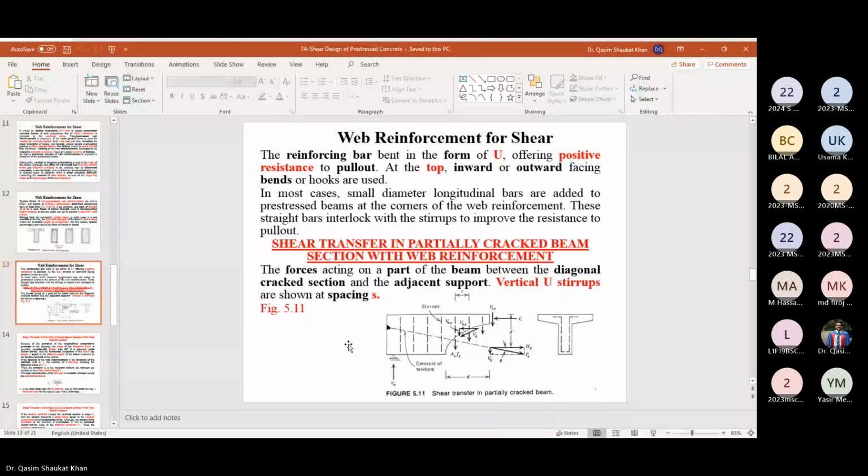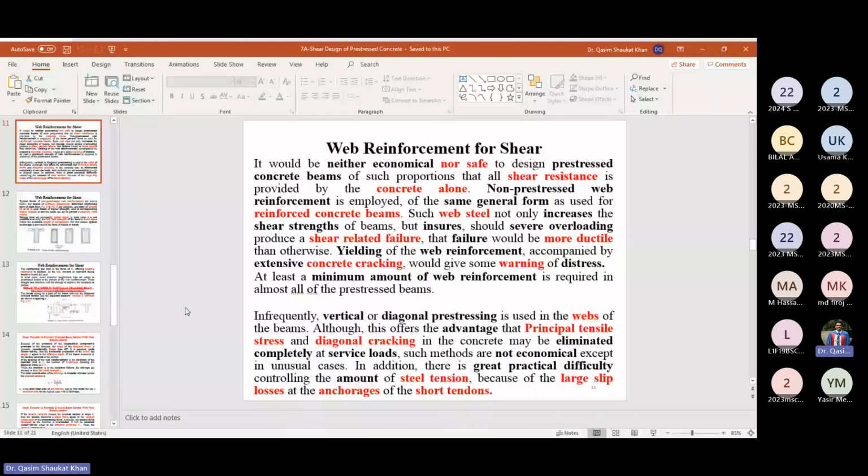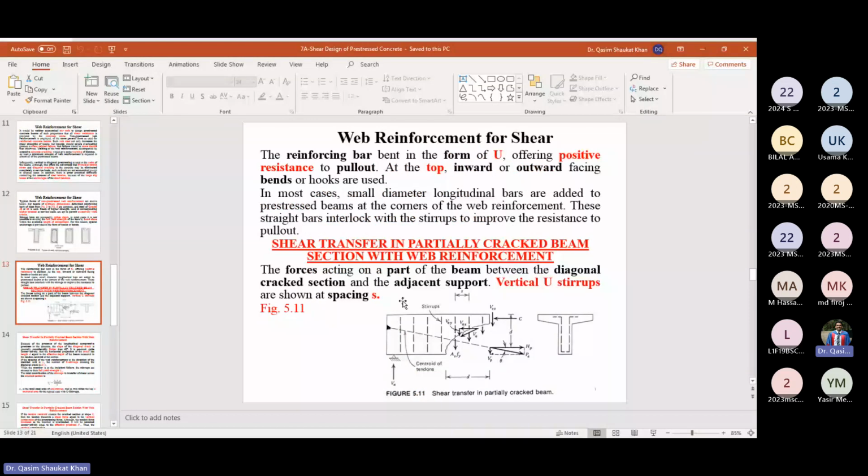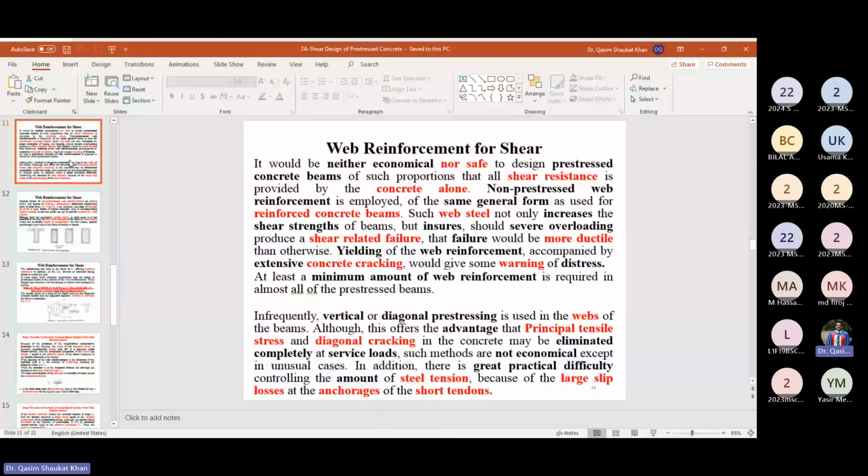Generally pre-stressing is horizontal, but if you have to provide vertical or diagonal pre-stressing, that is more difficult and impractical, and it will be uneconomical as well. So infrequently vertical or diagonal pre-stressing is used in the webs of the beams.